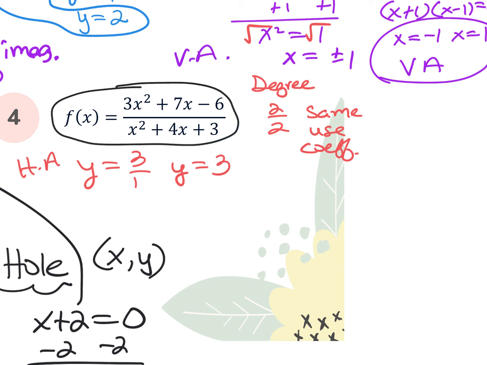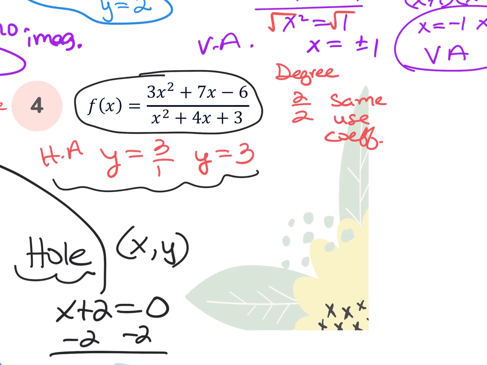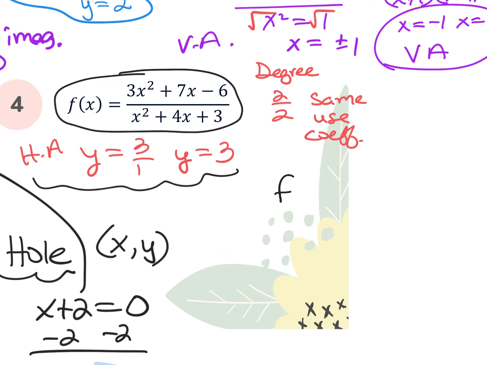So I already found the horizontal. It was y equals 3. Now, for this one again, before you can even set that denominator equal to 0 to find the vertical, you have to factor first. So I'm going to factor the numerator. Whatever method you want to use for factoring, whether you use guess and test or factor by grouping, it's totally up to you.